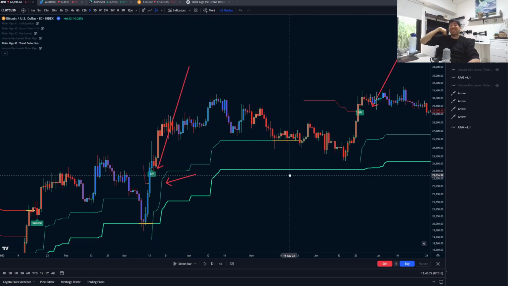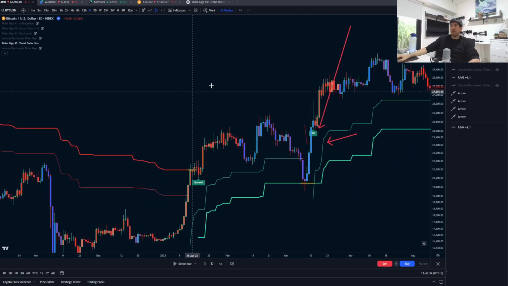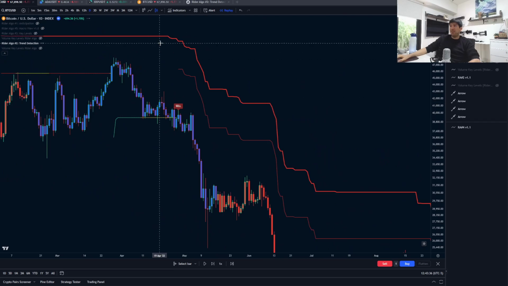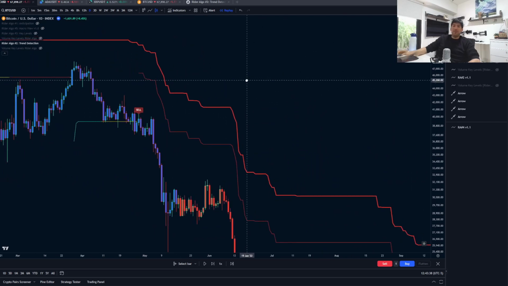And when we included the sell signals, which only appear when the thinner line flips bearish and the thicker line is also bearish, you have to understand that sell signals for Bitcoin usually have very low accuracy, because Bitcoin tends to go up most of the time, and when it goes up, it goes like in beast mode.